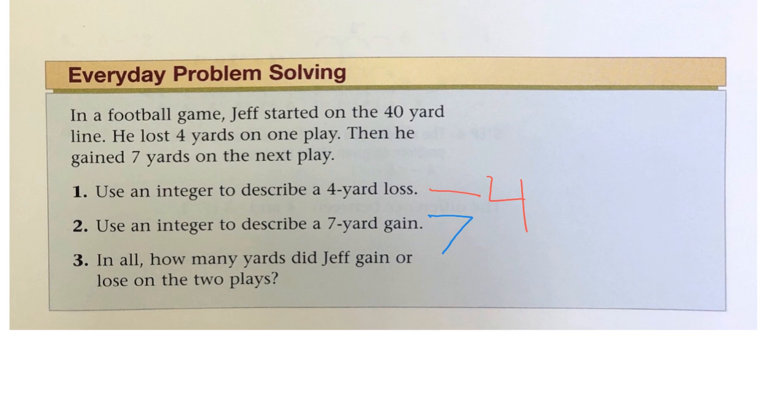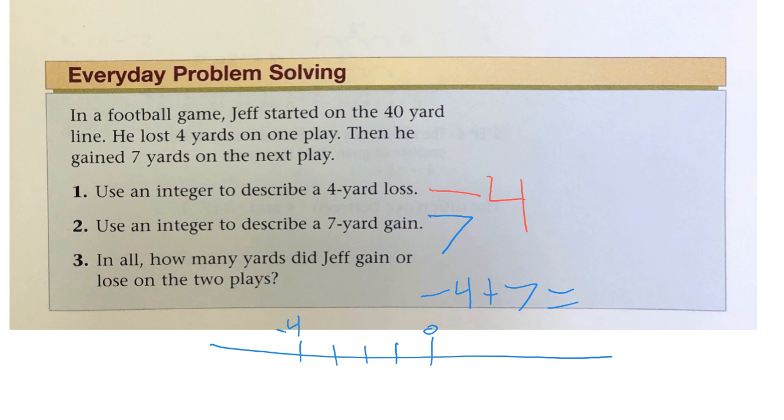In all, how many yards did Jeff gain or lose on the 2 plays? So -4 plus 7 leaves us where? So if we started on the number line, here's 0, and then 1, 2, 3, 4 spaces to the left to show -4.